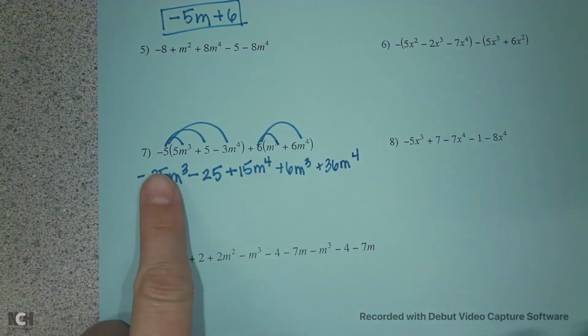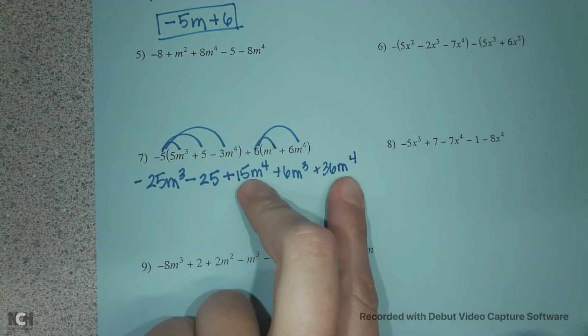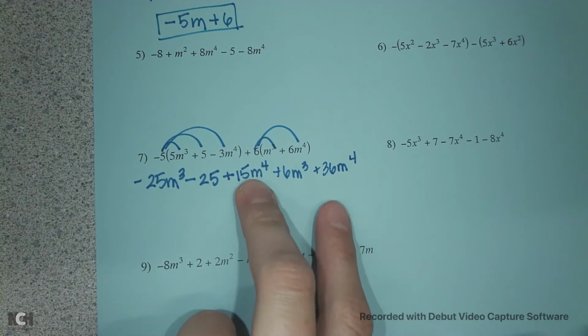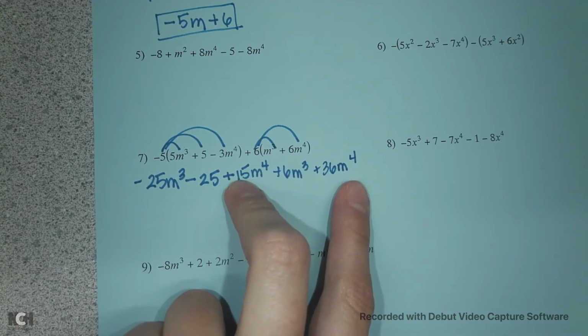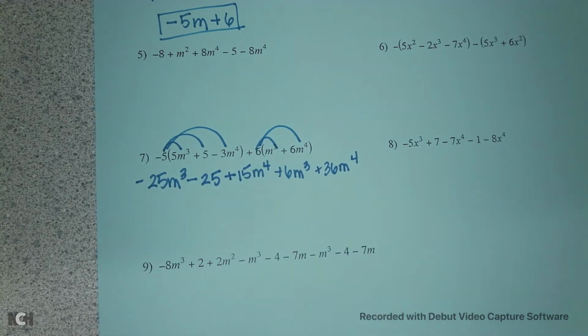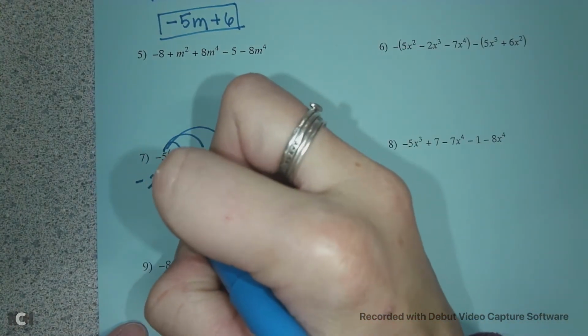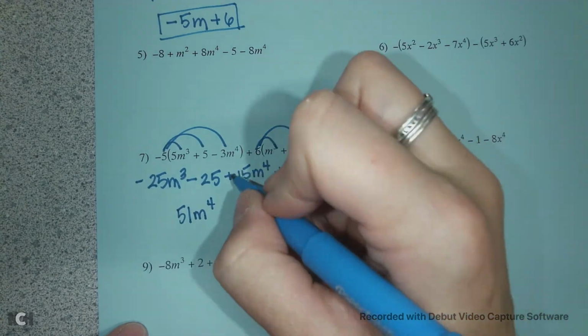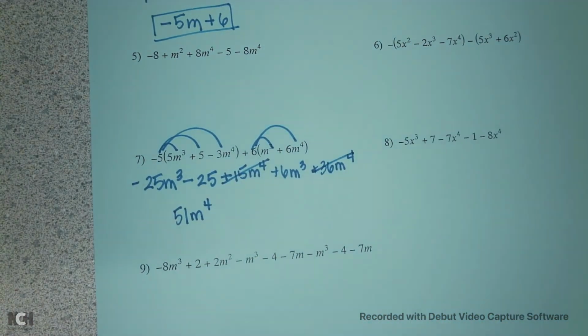Okay, now my highest exponent is my 4. So they're going to go first. So 15 and 36 add together, and they make, oh heavens, I just wanted to make sure, 51. So I've got 51m to the 4th. So I've used that guy and I've used that guy.